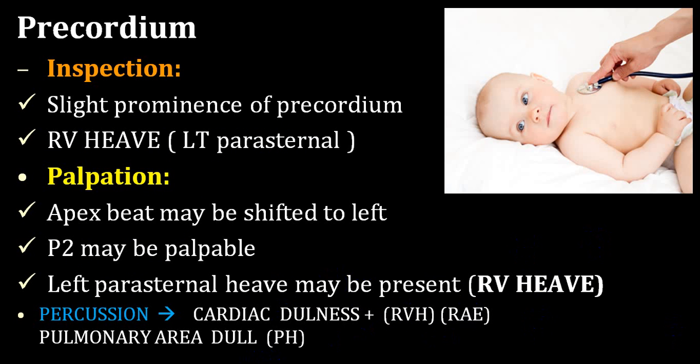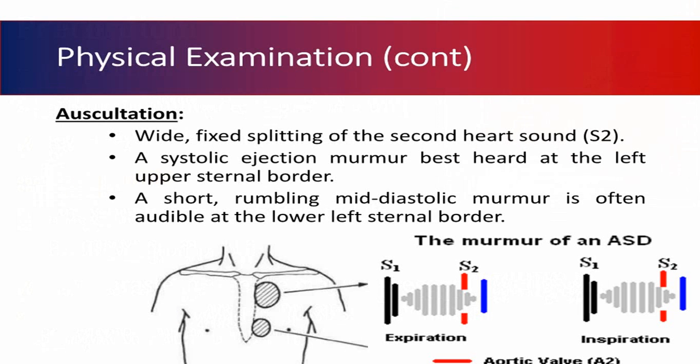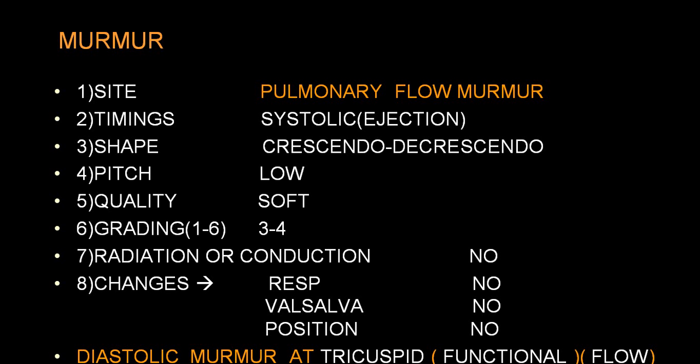Pulmonary hypertension will show you, in the pulmonary area, a dullness because of dilated pulmonary artery and pulmonary hypertension. P2 will be split and loud. There will be a systolic murmur in the pulmonary area. A mid diastolic murmur will be heard on the left sternal border, and those are called flow murmurs.